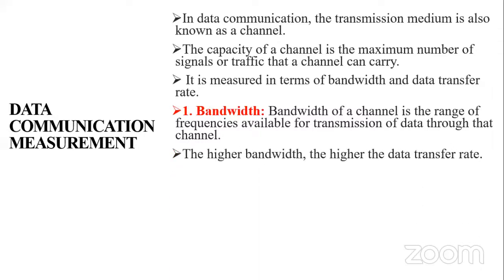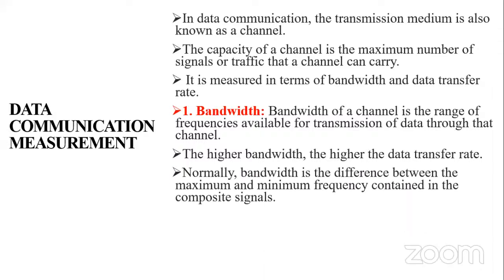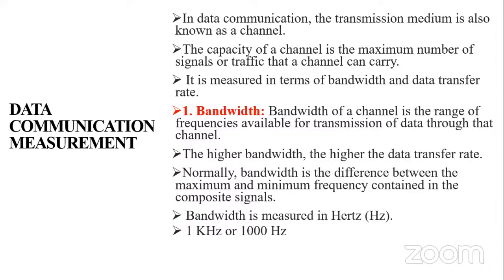If we have higher bandwidth, we may have a higher data transfer rate. Generally we can say bandwidth is the difference between the maximum and minimum frequency contained in the composite signals. Bandwidth is measured in hertz.